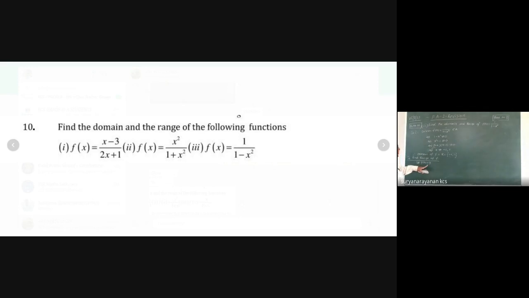First step is f of x is equal to y. What is f of x here? 1 by 1 minus x square is equal to y. From this equation we find the value of x. We find the value of x in terms of y. So cross multiplication: 1 minus x square into y is equal to 1.